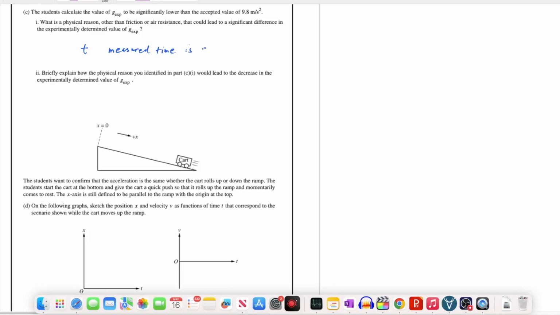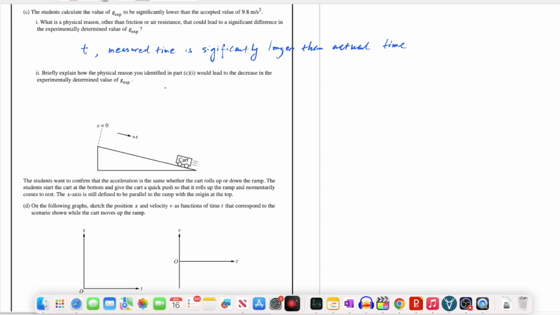So we can say the measured time is significantly longer than the actual time. Number 2, briefly explain how the physical reason you identified in part C1 would lead to a decrease in the experimentally determined value g experiment.